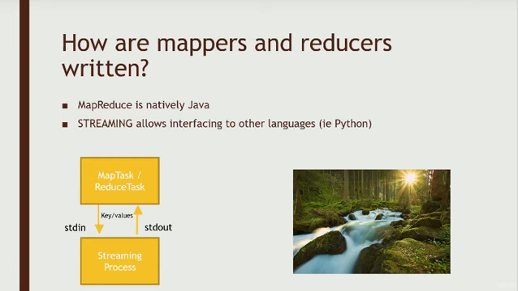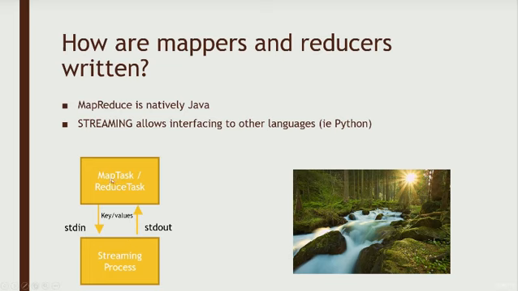So the idea behind streaming in MapReduce is that a map task can just kick off through standard input and standard output, talking to some other process that's happening that actually implements your mappers and reducers. So instead of writing your mapping and reducing functions in Java, you can actually write them in Python or really anything that can run as a process on one of your compute cluster nodes, and it can just use standard input and standard output to communicate with that process.